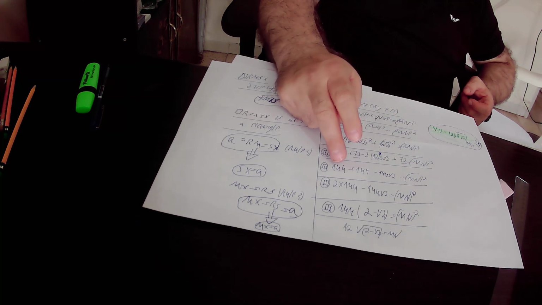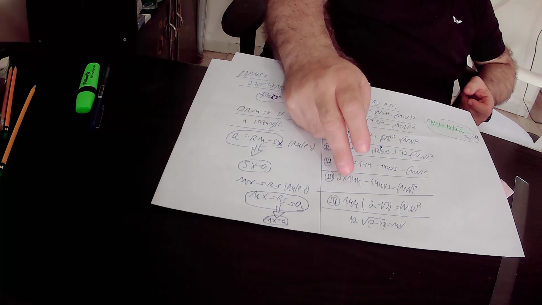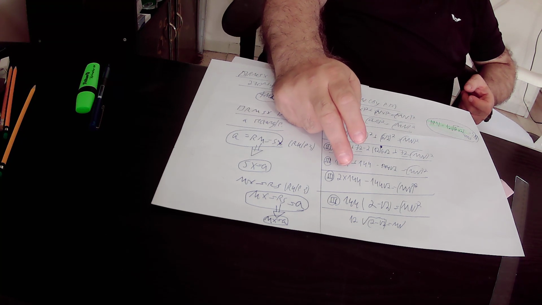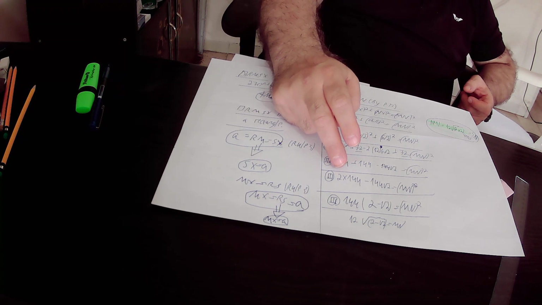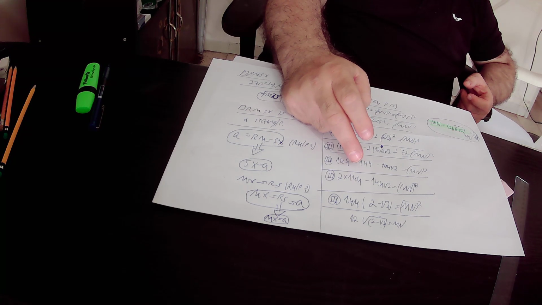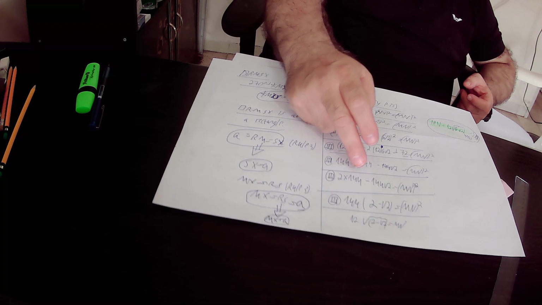Here we took 144 as a common factor out of these two expressions, and inside the brackets, what is left from 2 times 144 is 2, and what is left from minus 144 times square root of 2 is minus square root of 2.